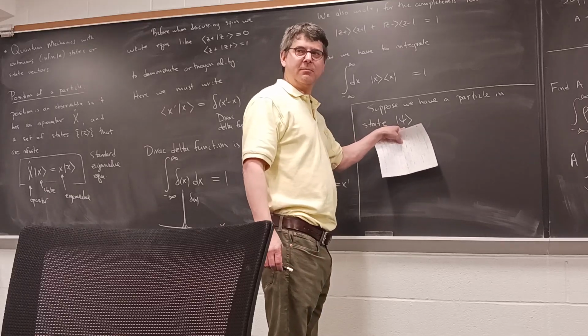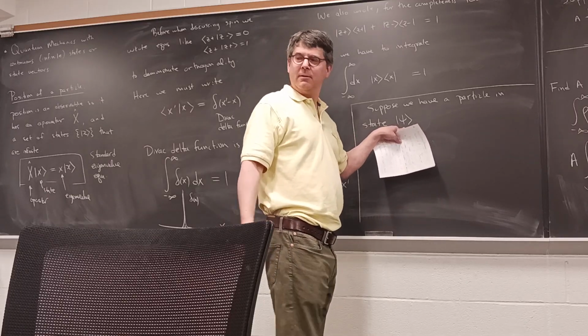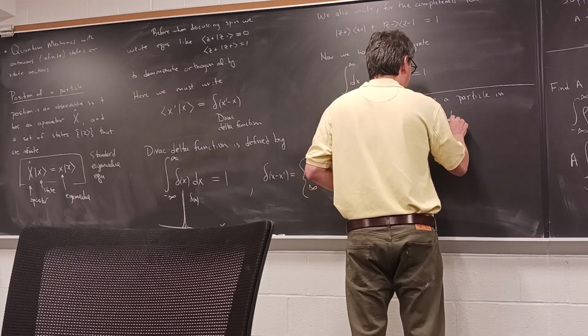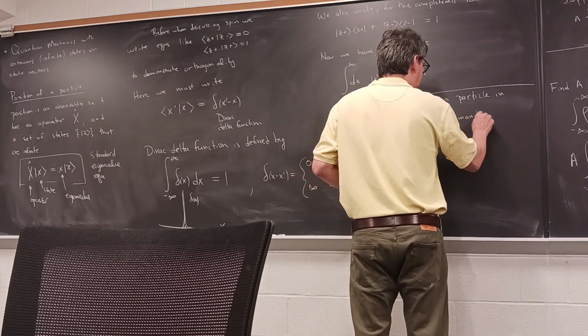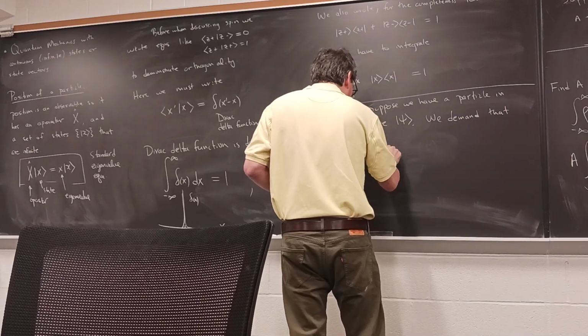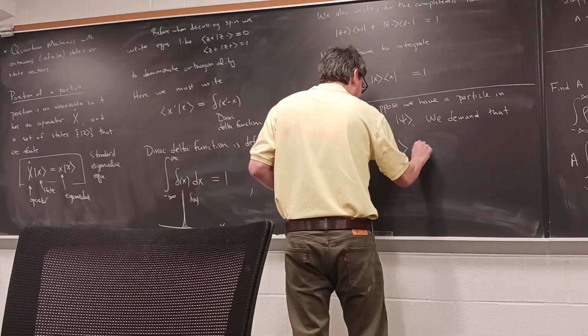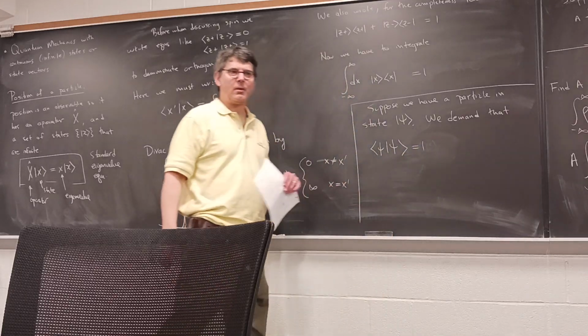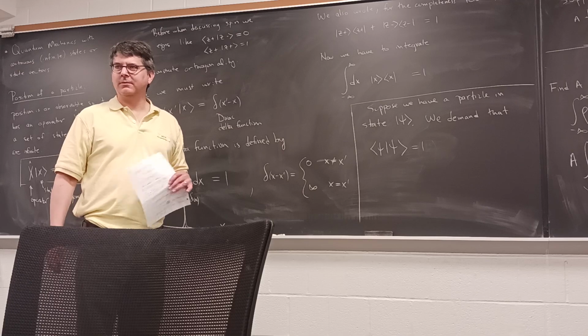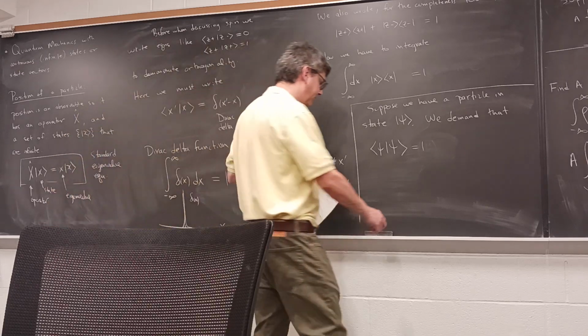There's no coordinate system or anything associated with it. We still demand that the inner product of psi with itself equals 1. Okay? So the particle has to be somewhere.